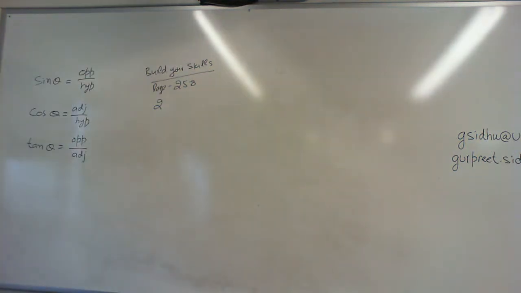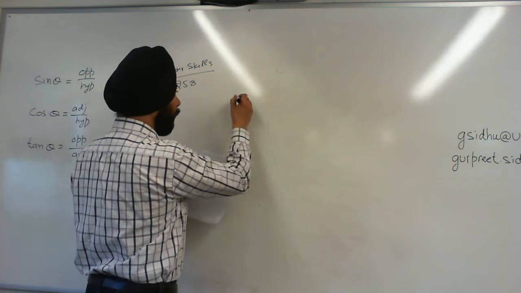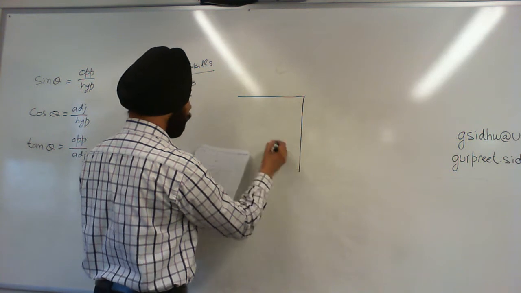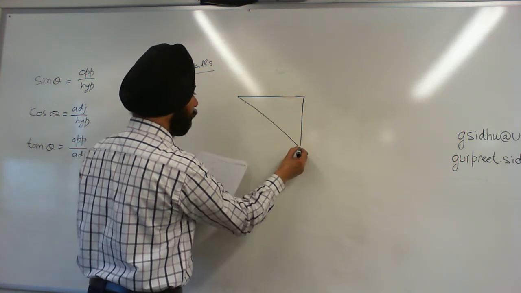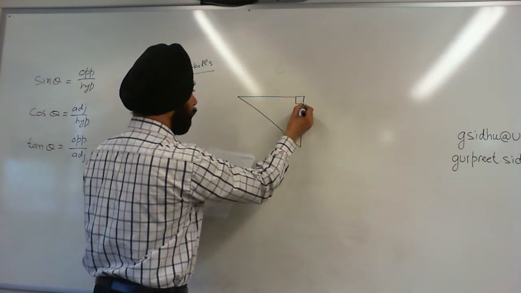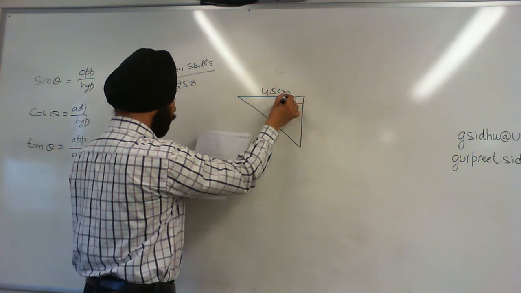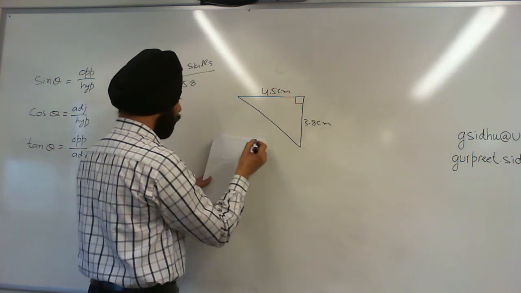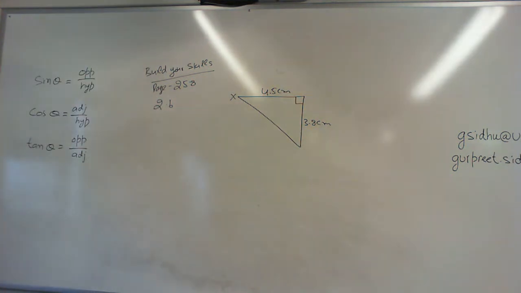In 2b, the triangle is given as this. This is the right angle. This side is 4.5 centimeter. This side is 3.8 centimeter. And this is the angle that you have to find, angle x.